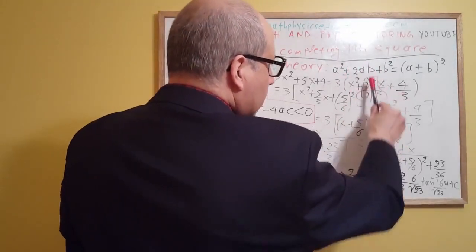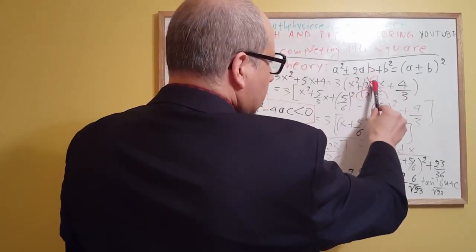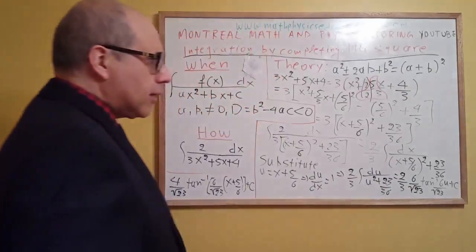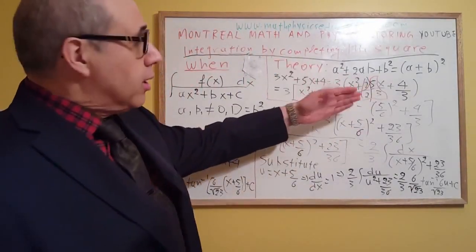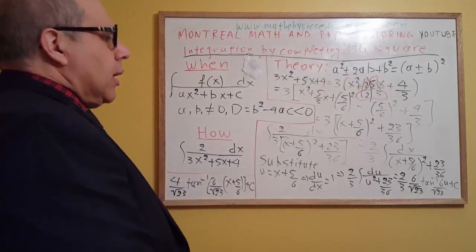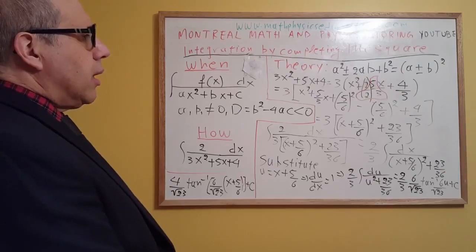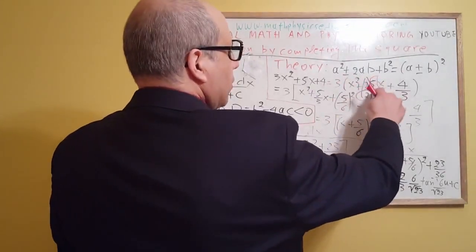If you compare this with all these, you see that your b is 5 over 2 times 3. That's why I multiply and divide by 2, because this is the easiest way to find your b. So that's your b, which is of course 5 over 6.